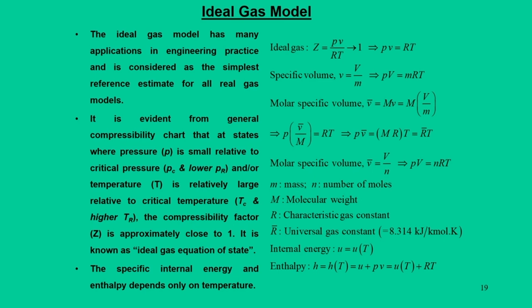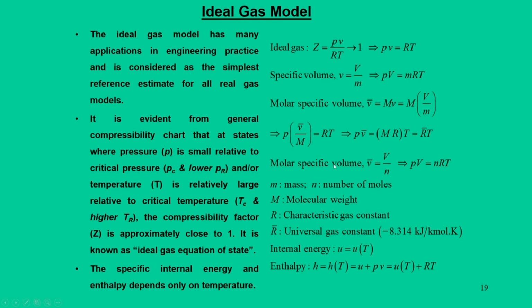Just to summarize, when you use the ideal gas model, the first thing we say is PV by RT is equal to 1, or in other words, the compressibility factor is 1. While using these equations, we consider the molar specific volume V bar equal to V by M, where we say PV is equal to mRT. Another way of looking at it is that instead of specific volume, we use the molar specific volume, introducing the molecular weight of the substance.